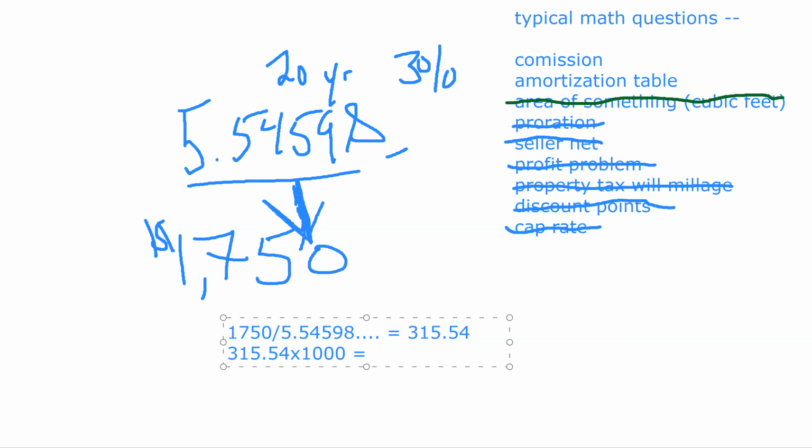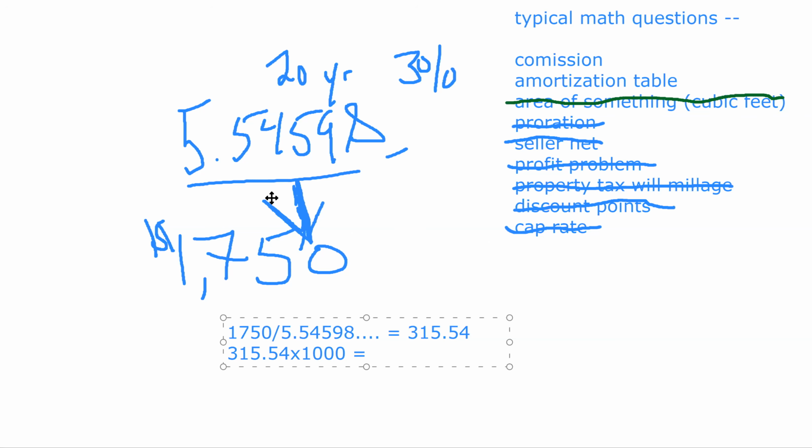Remember I told you if I have a $2,000 mortgage, we would multiply that by 2. If it's a $3,000 mortgage, $4,000 mortgage. Now what I'm telling you is this. I know how much I could afford. I know what my monthly nut to crack is going to be: $1,750.